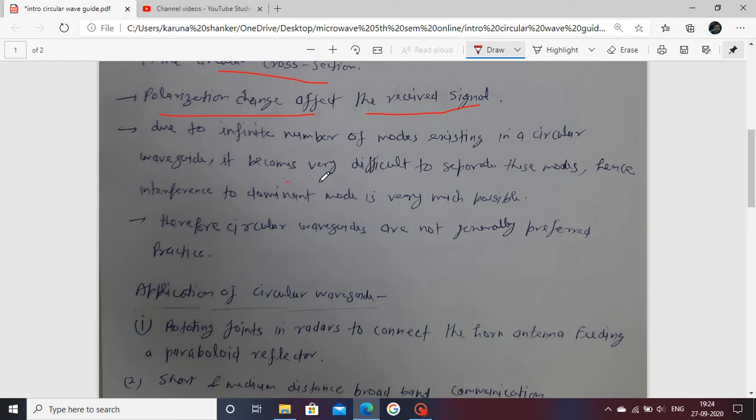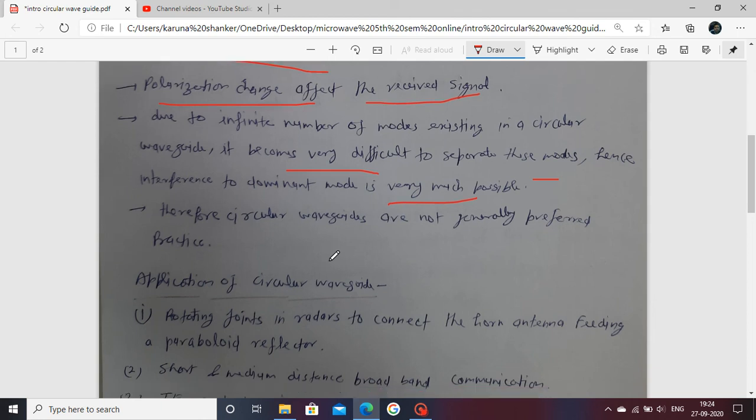It is very difficult to separate these modes, hence interference to the dominant mode is very much possible. That means the dominant mode of the circular waveguide is affected by the infinite number of modes. That's why circular waveguides are generally not preferred practically.